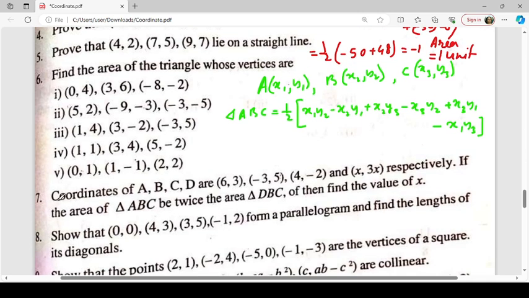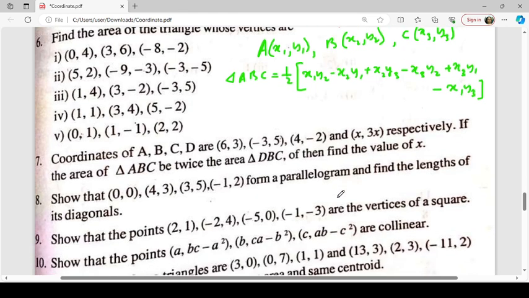Next, number 7: if the area of ABC be twice the area of DBC, then find the value of x. So ABC, these are vertices, then DBC, these are the vertices, and we'll have some equation, we can find it. Then these are a parallelogram. We have to prove that this is a parallelogram.